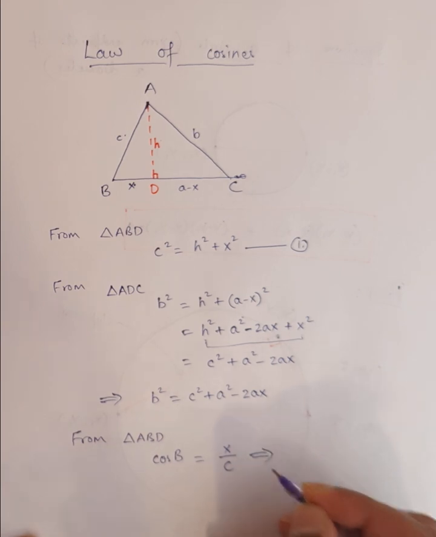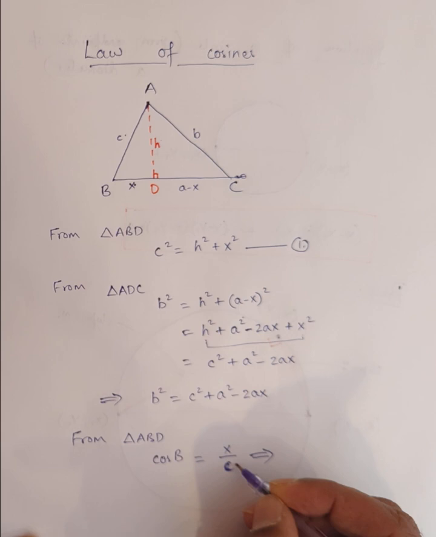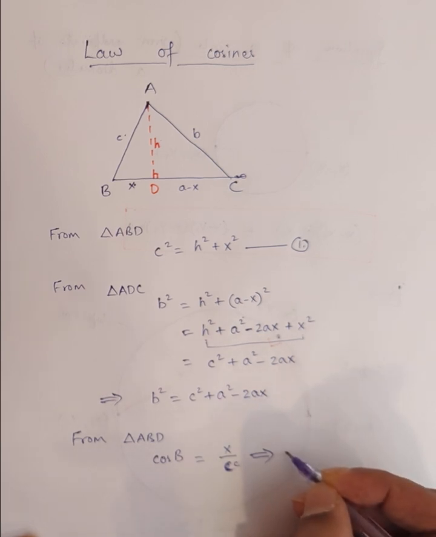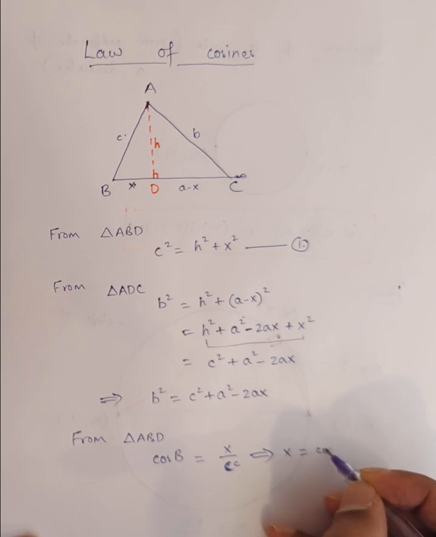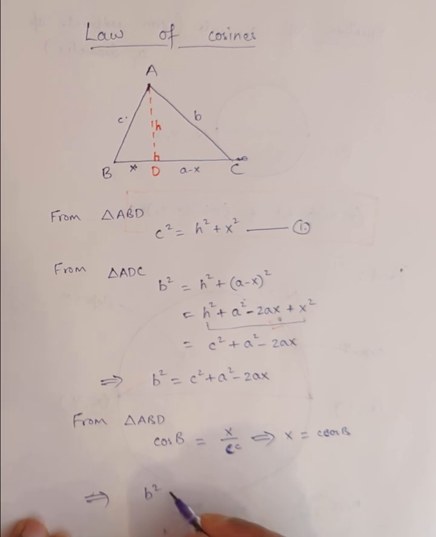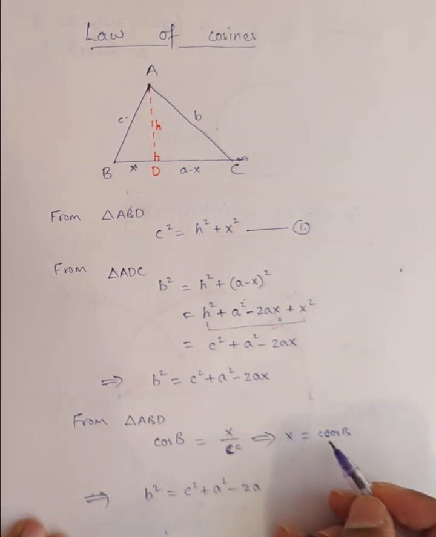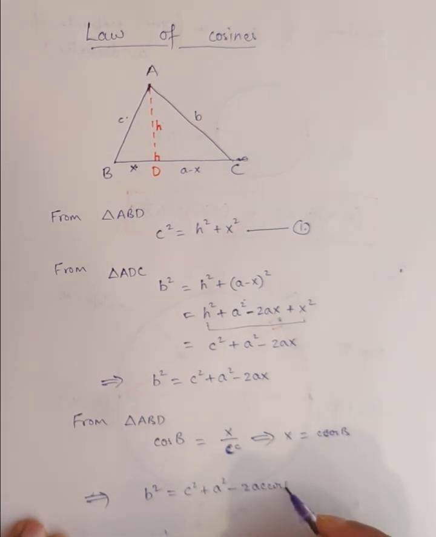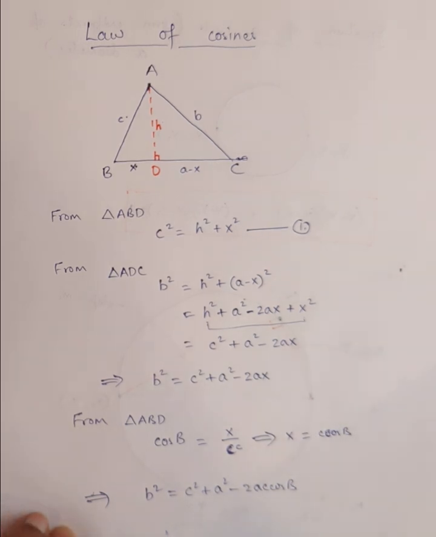So if I multiply both sides by lowercase c, that means x is equal to c cos B. So let's go ahead and replace this x with c cos B. So b square equals c square plus a square minus 2a times c cos B. So this is the law of cosines.